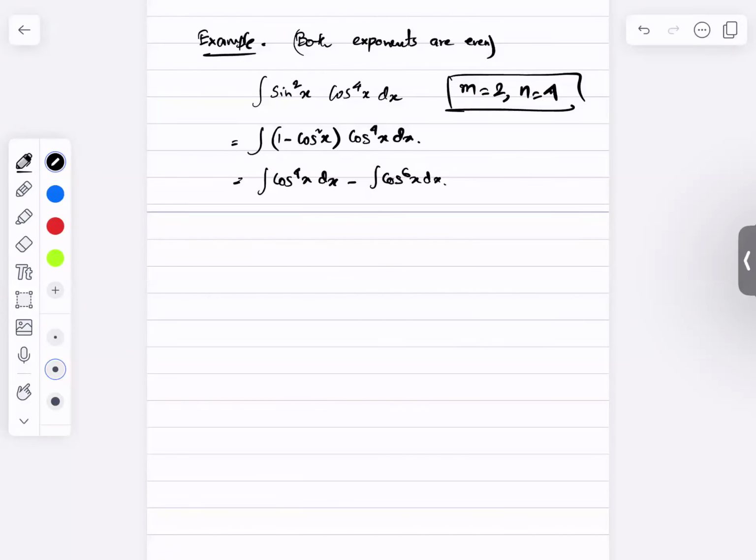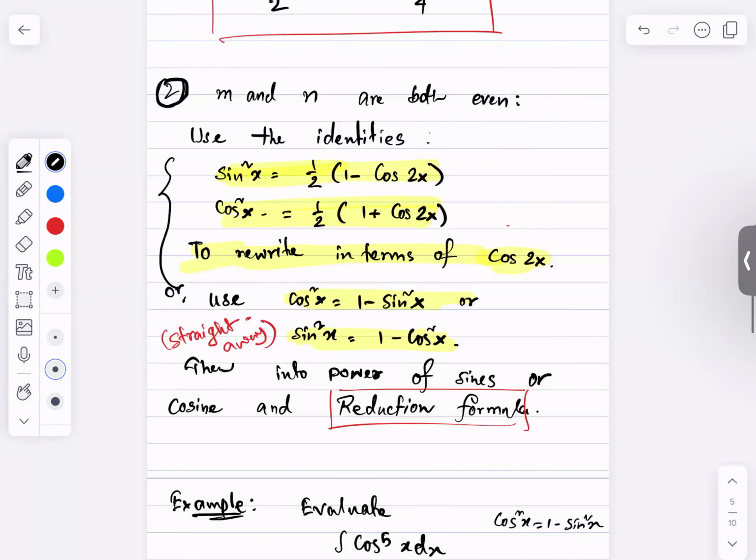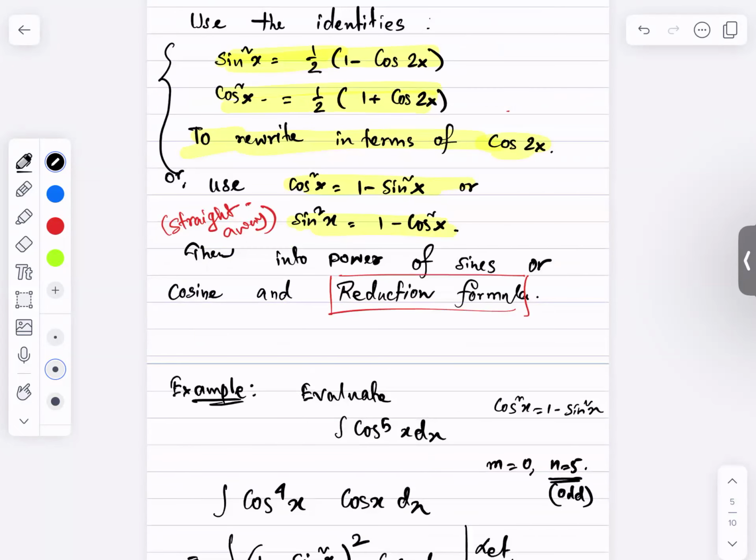So I'll use the way where you have to use the reduction formula, because that is kind of easier for me to apply. So if you go to strategy 2, it says this one, I'm applying this one now. You have to use one of these two identities to make everything into either sine or cosine and then use the reduction formula.